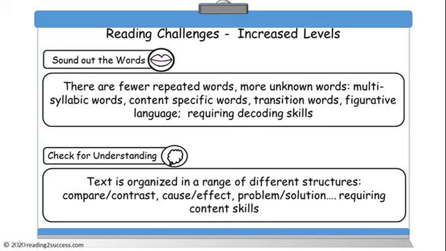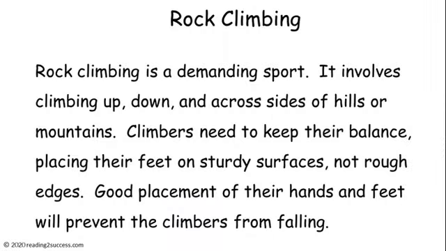They will also need to understand that text is organized in a range of different structures. For example, compare-contrast, cause-effect, problem-solution, requiring stronger content skills. This is an example of text with no picture support, multisyllabic words, and has a cause and effect structure.